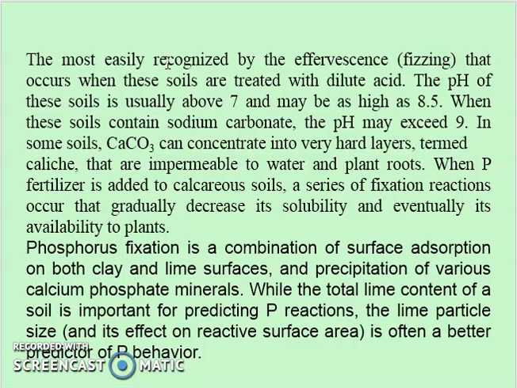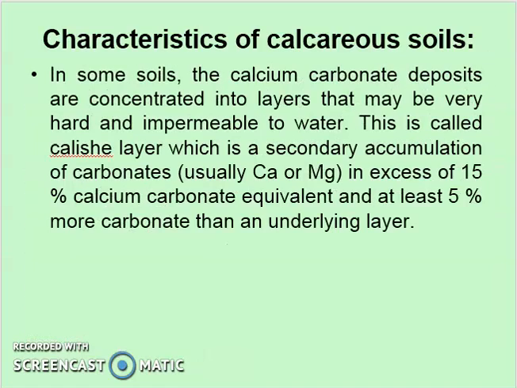If you observe strong effervescence, then you can predict a high percentage of calcium carbonate, and vice versa. The problem of this type of soil is that phosphorus is precipitated and fixed in the soil and becomes unavailable for plants, as I will explain for you.